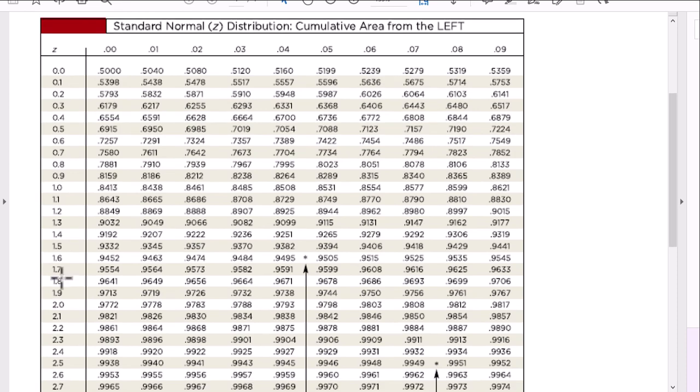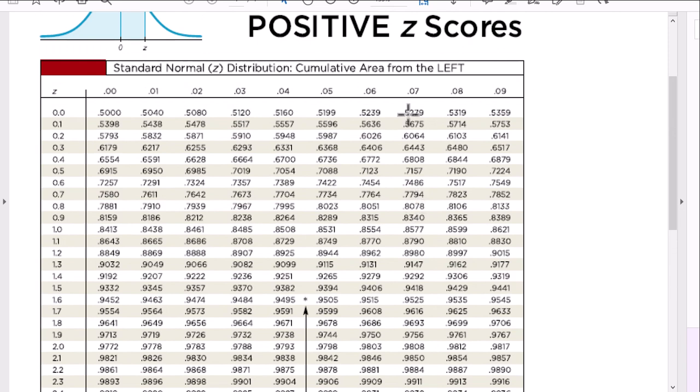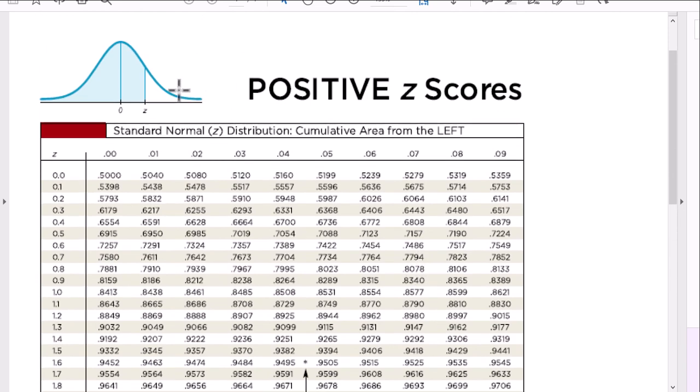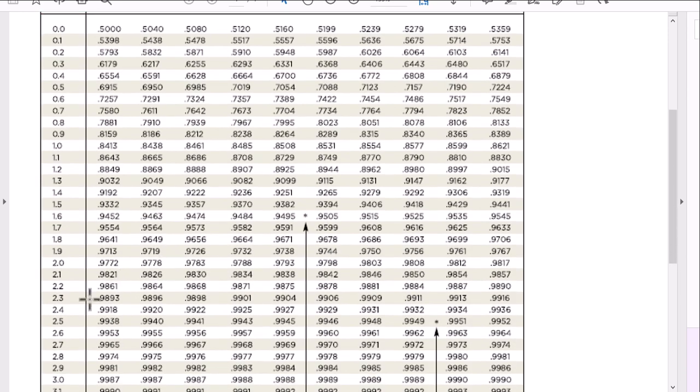I go over to 2.3 and then 7, and that gives 0.9911. Notice that the picture is giving us the area to the left, and we want the probability that z is more than, so we will have to do 1 minus 0.9911.